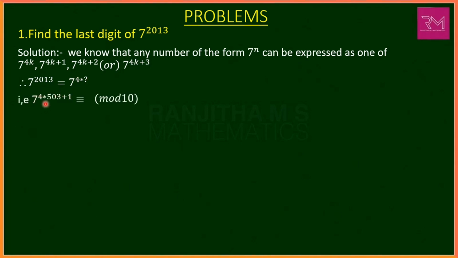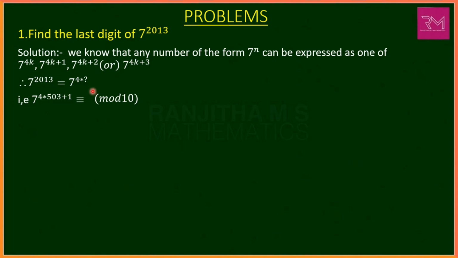We can express this 7 power 2013 as 7 power of 4 into 503. Using the calculator, 503 into 4 gives 2012, and in the power we have 2013. So to achieve that value, we take this as 7 power 4 into 503 plus 1. So this is of the form 7 power 4k plus 1.